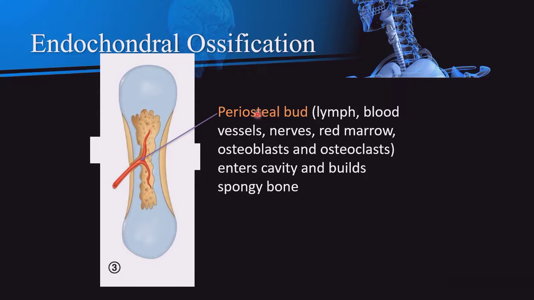It is a structure comprised of lymph, blood vessels, nerves, red bone marrow, osteoblasts and osteoclasts. Just imagine that the periosteal bud is a big pipe-like structure through which the lymph vessels, blood vessels, nerves, marrow substances, osteoblasts and osteoclasts enter the cavity and build spongy bone. Because first of all, there always come trabeculae. As I told you earlier, trabeculae of spongy bone form.